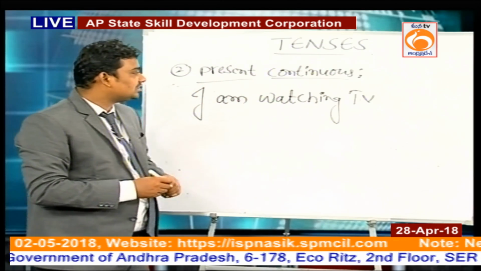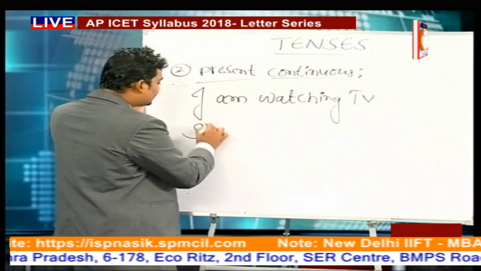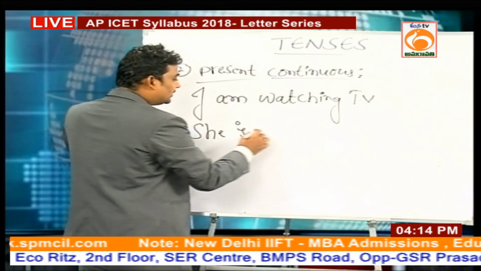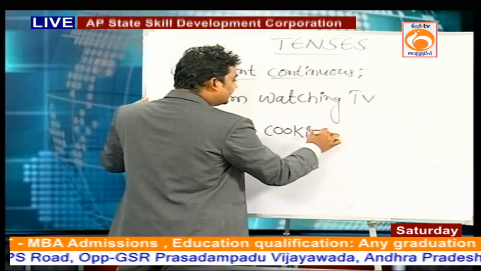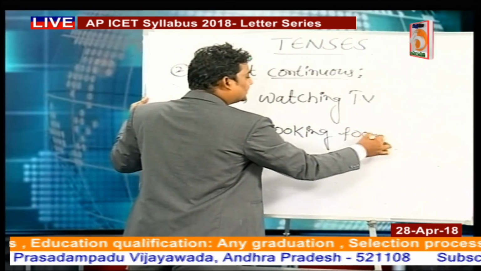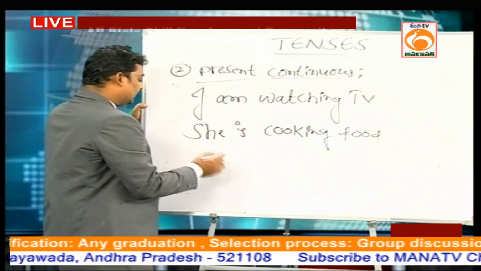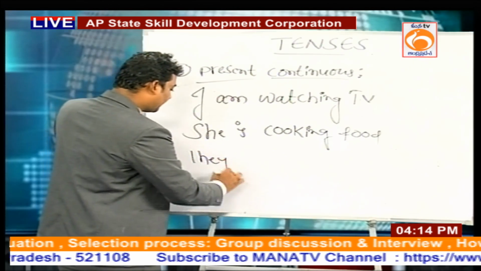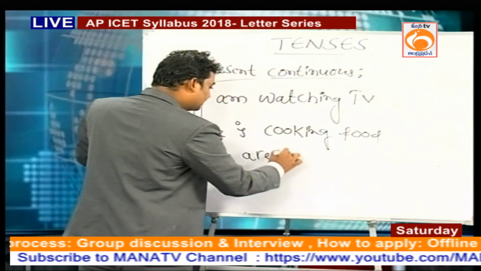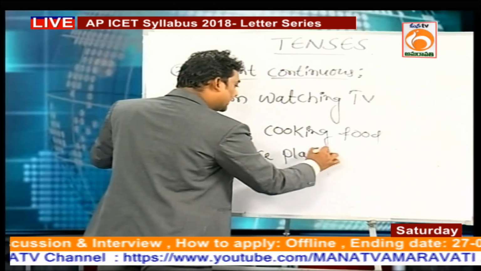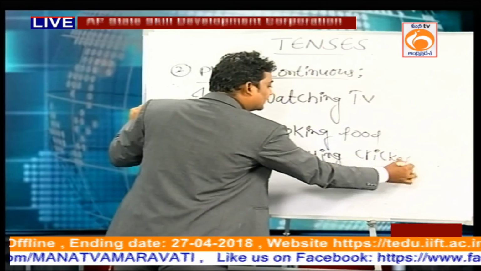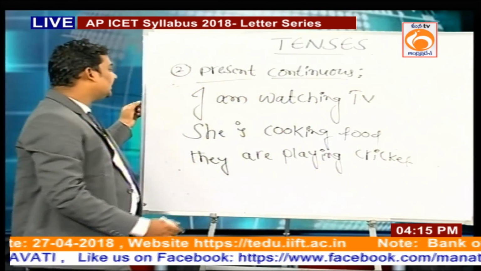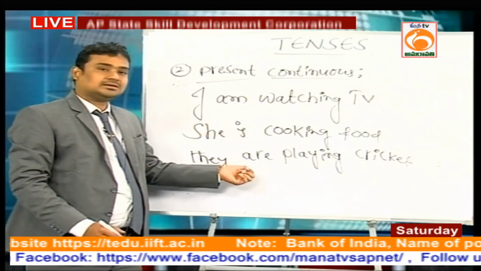Examples for present continuous tense: I am watching television. She is cooking food. They are playing cricket. In these three examples, I used am, is, are as helping verbs.